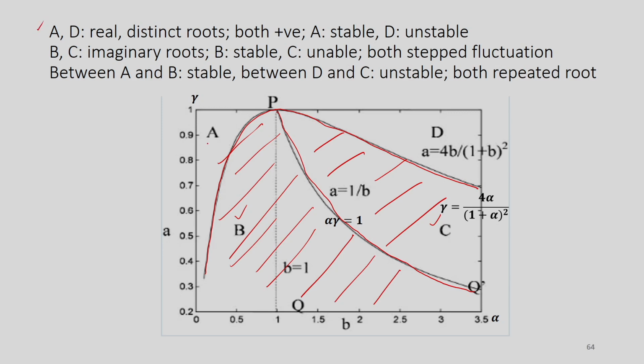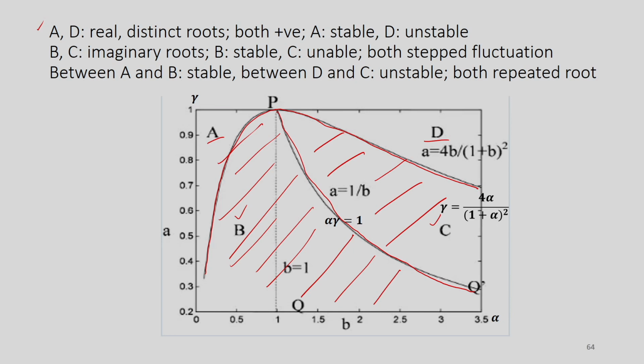A and D are the cases of real and distinct roots, both the roots are positive. What we can say here is that A is stable and D is unstable. Second case, B and C. B and C are imaginary roots that we have seen. B is stable, C is unstable, both with fluctuation.